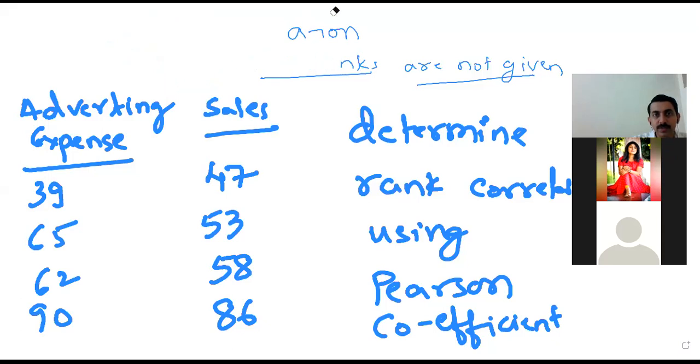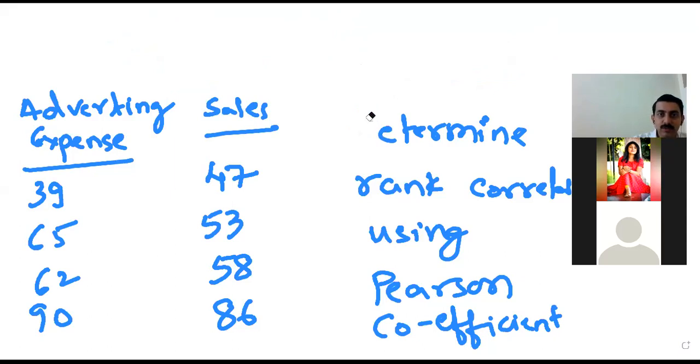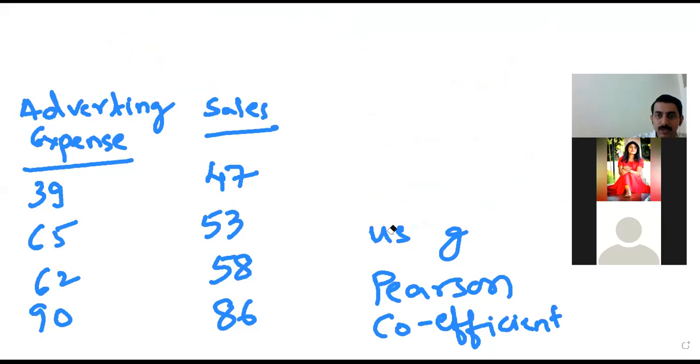The only difference between the previous problems and this one is that the ranks were given in the previous context, but here the ranks are not given. We have to determine the ranks, and then the calculation will be the same.